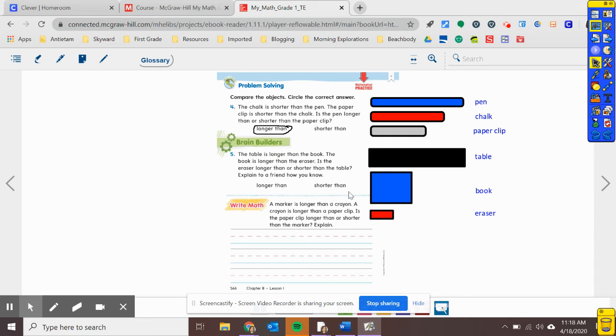Circle the answer you think it is. All right, so let's see. The eraser is shorter than the table. So make sure you circle the words shorter than.